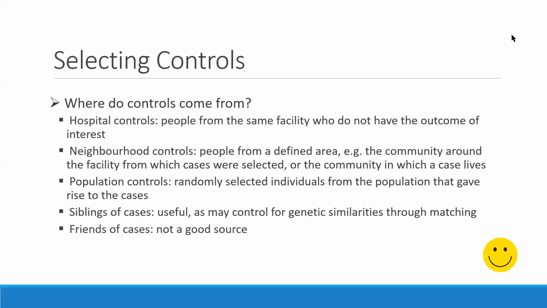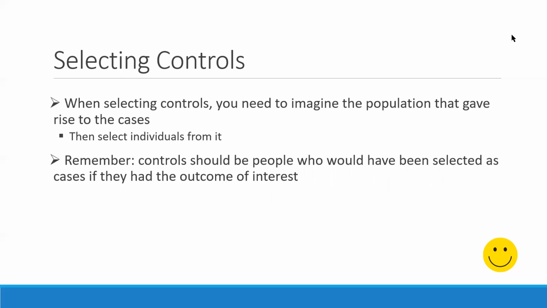In some cases, if you're interested in aspects where genetics is important, siblings could be good if you want to control for genetic factors at the design stage. So you really need to think about what your particular study is. But the bottom line to remember is that your controls should come from the same source population and be as similar to your cases as possible, except that they didn't develop the outcome of interest.